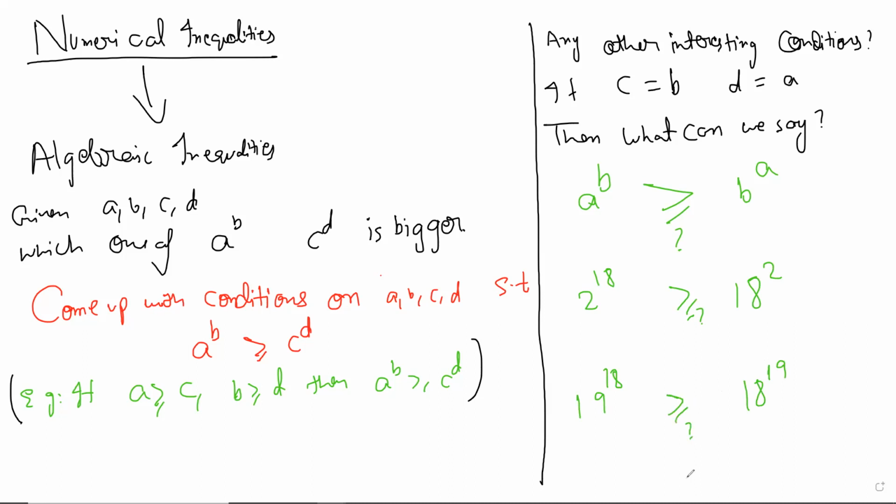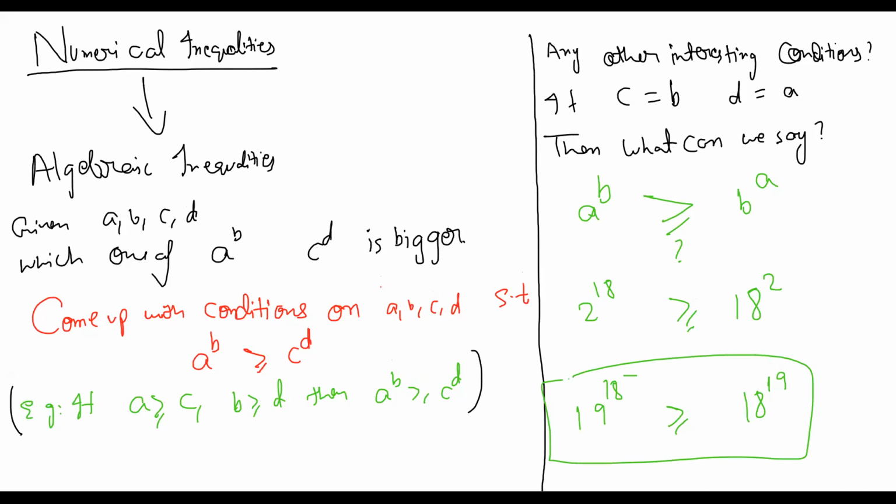And so these two are obviously true. You can check. This one is obviously true. This one is not so obvious maybe, but you can check that it is true. Wait, what is happening? I don't know about this actually. Is this true? You guys can quickly tell me by the methods that we just did.